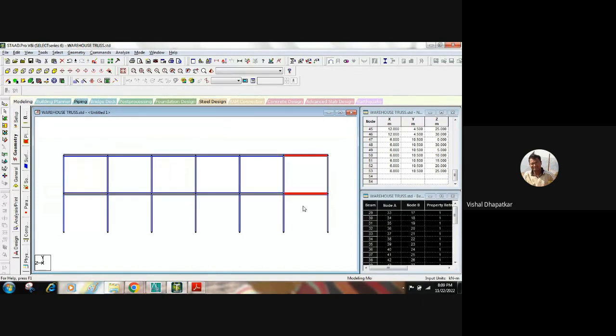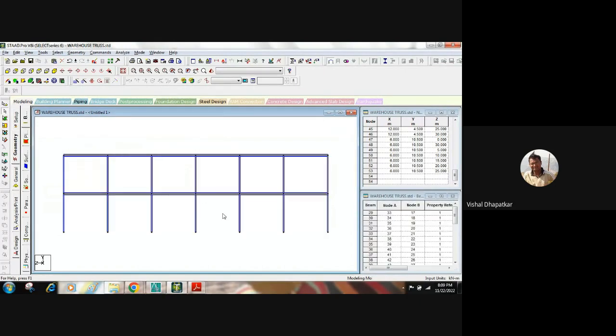End bay or central bay? What will happen if I add a bracing at the end bay? Is it a good idea to add bracing on the ends?